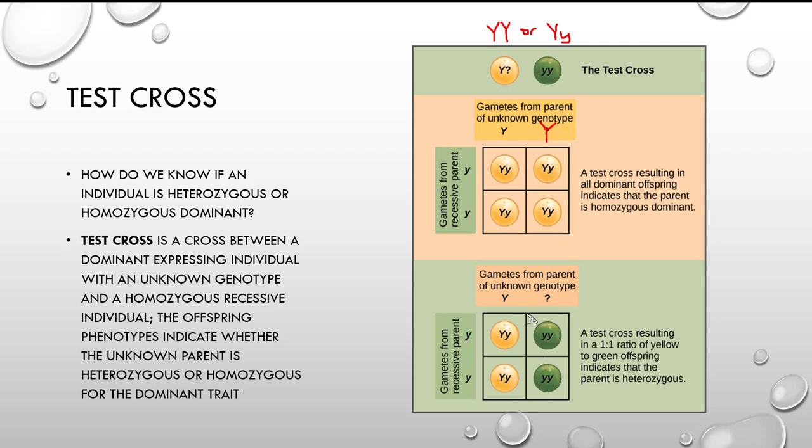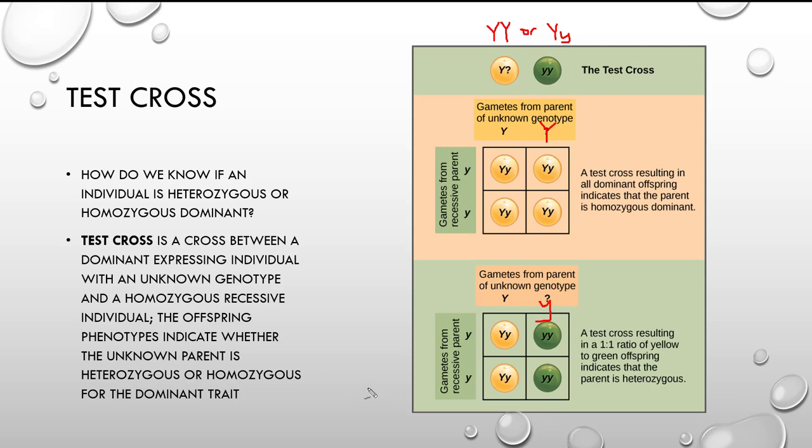The other possibility is if you cross the mystery yellow pea with the green pea, and you start seeing some green pea plants show up in the offspring. Then you know that the yellow pea plant was heterozygous, because if there's homozygous recessive offspring, they must have gotten the other recessive allele from the yellow pea plant.